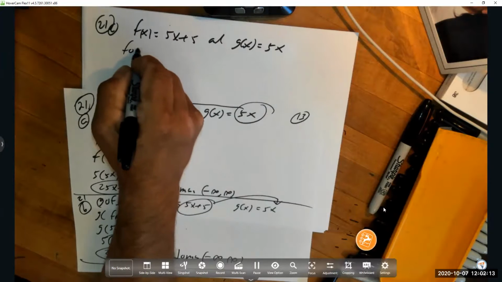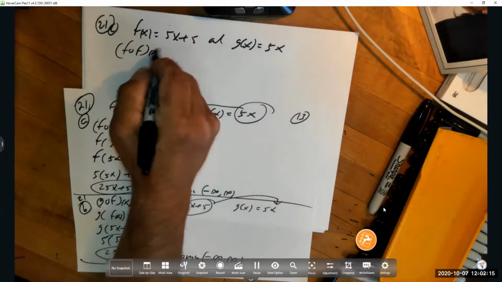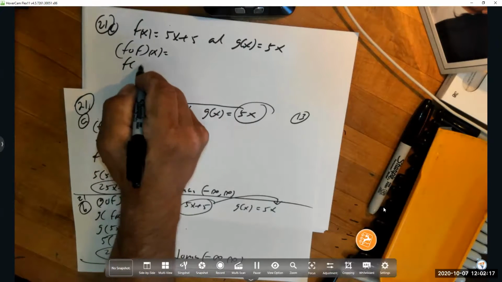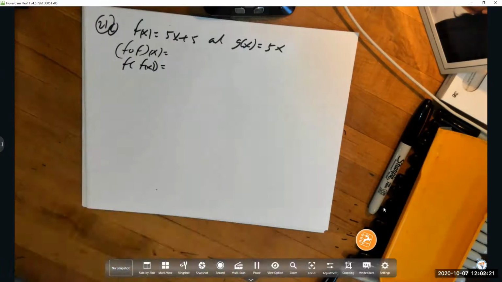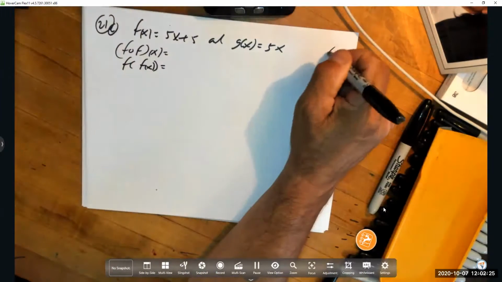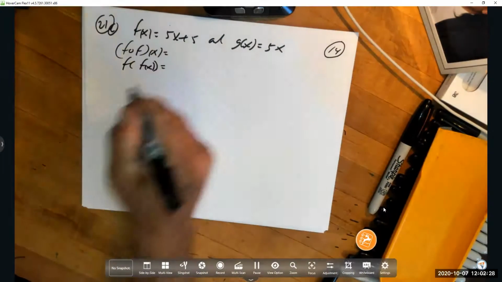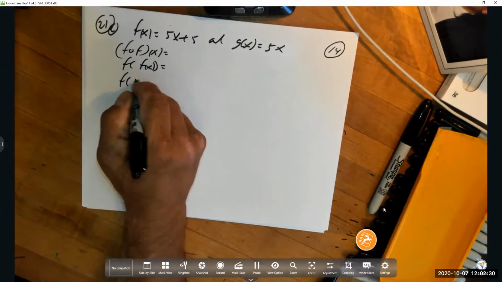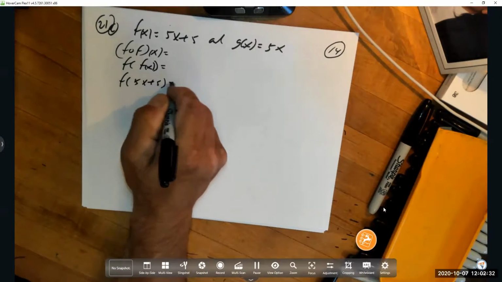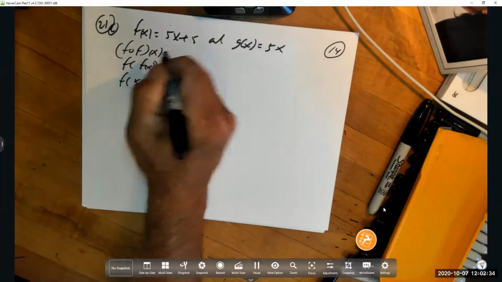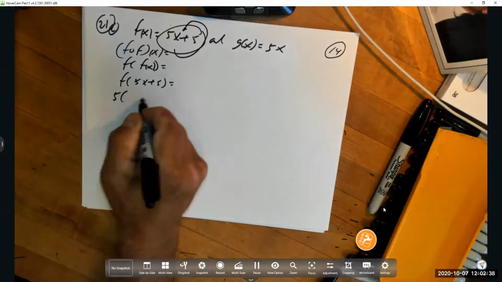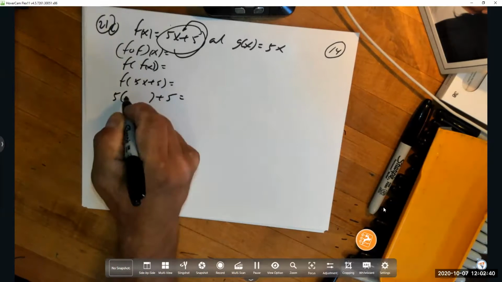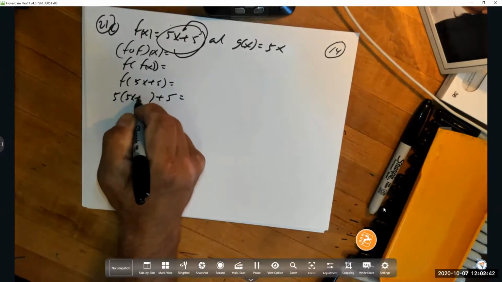So f circle f of x, or f of f of x, is this one. Okay. So now, that means f of x is just 5x plus 5, but put 5x plus 5 inside of 5x plus 5. So get all this stuff and throw it inside itself. So this is going to be 5x plus 5 goes right there.